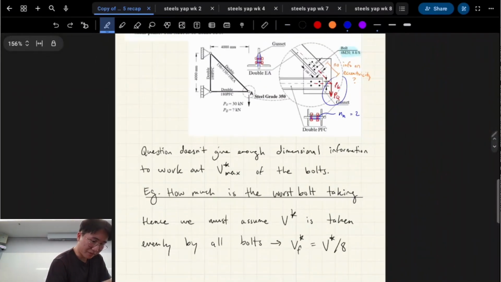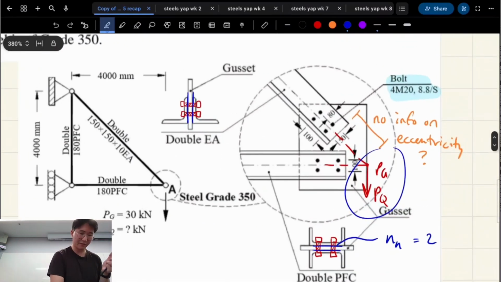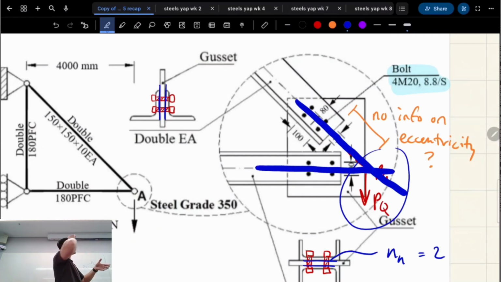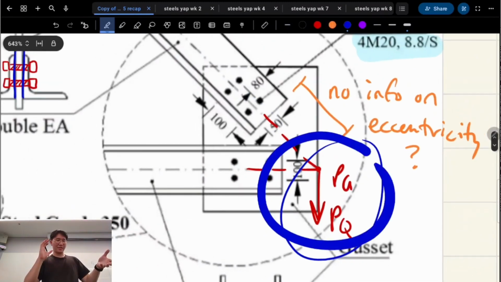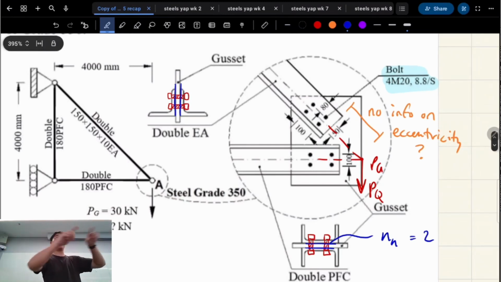Okay, so the problem with this question, in my opinion, is we don't know the eccentricity. It doesn't give us any info on eccentricity from this force. When you have a truss, you basically want to design it so that the node is where all the members line up, and that's where all the forces are applied, so you don't have any moments. Assuming that, we don't know where the force is exactly applied, because based on this drawing we don't know how far away that force is.